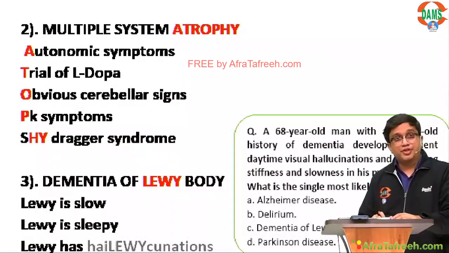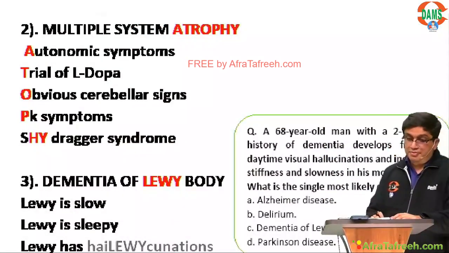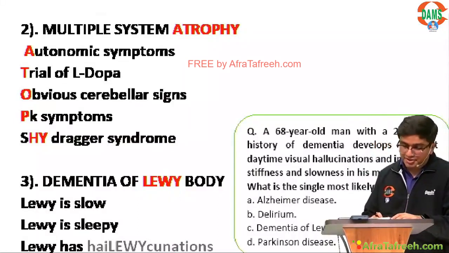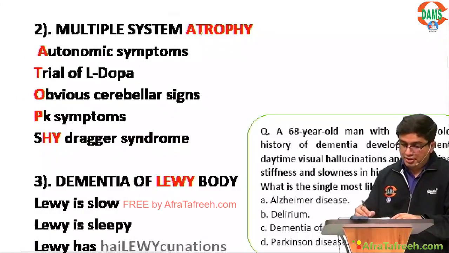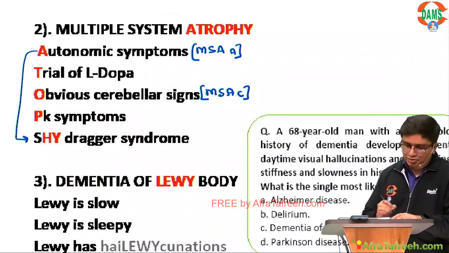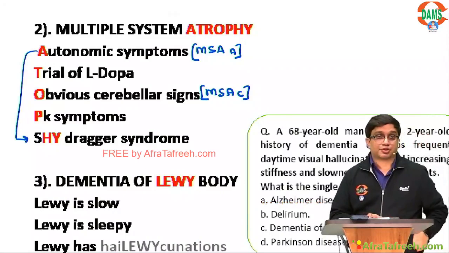Multiple system atrophy. These autonomic symptoms are seen perfectly in them. There are obvious cerebellar signs that could be seen. In the patient of multiple system atrophy, if they have autonomic symptoms, they are known as MSA-A. If they have cerebellar symptoms, they are known as MSA-C. MSA-A is also known by another term, Shy-Drager syndrome.